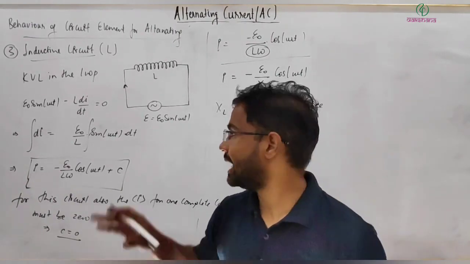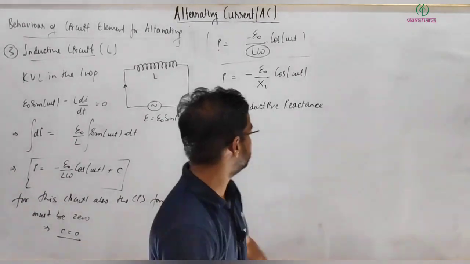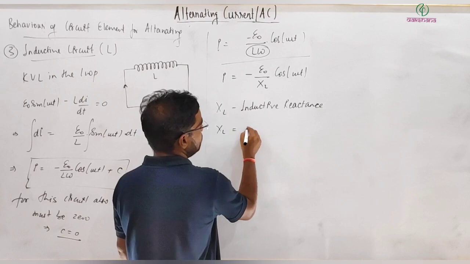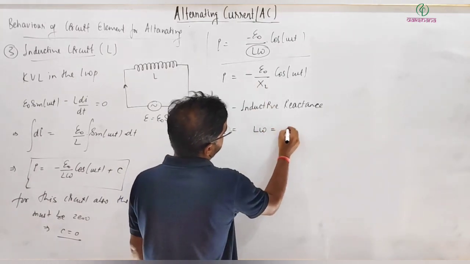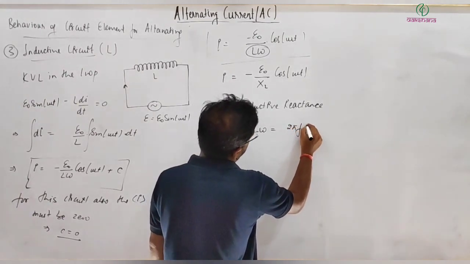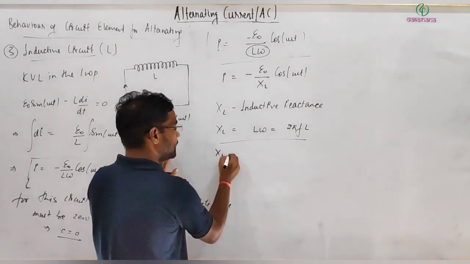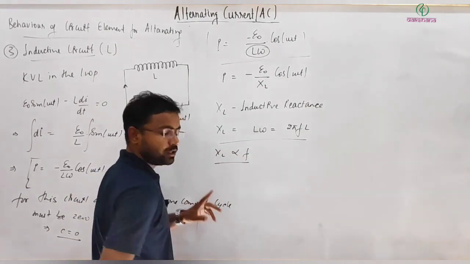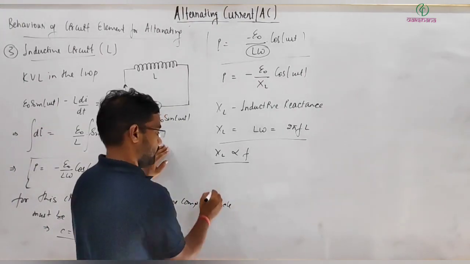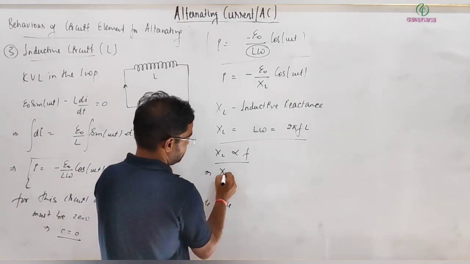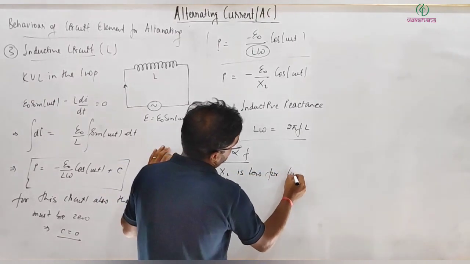So it is inductive reactance, denoted by XL, and XL is equal to L into omega, which we can write as 2 pi f into L. So here you can see XL is directly proportional to frequency. It means the higher the frequency, the more opposition there will be. That implies XL is low for low frequency.